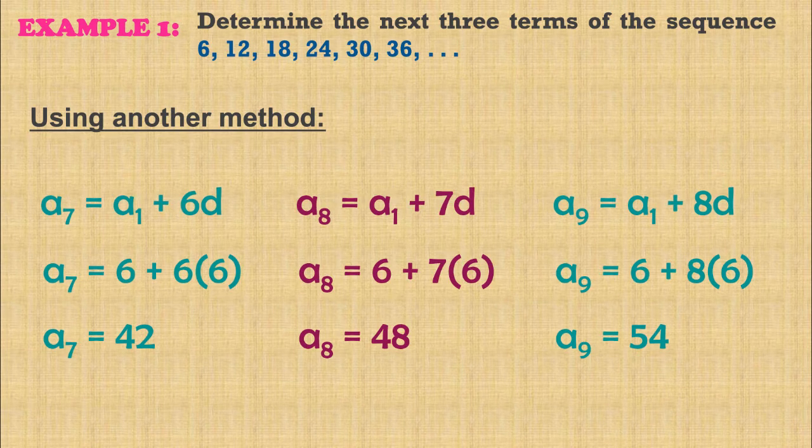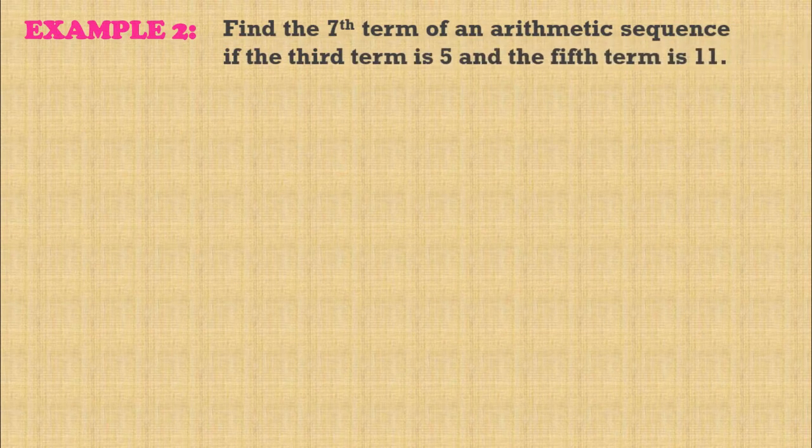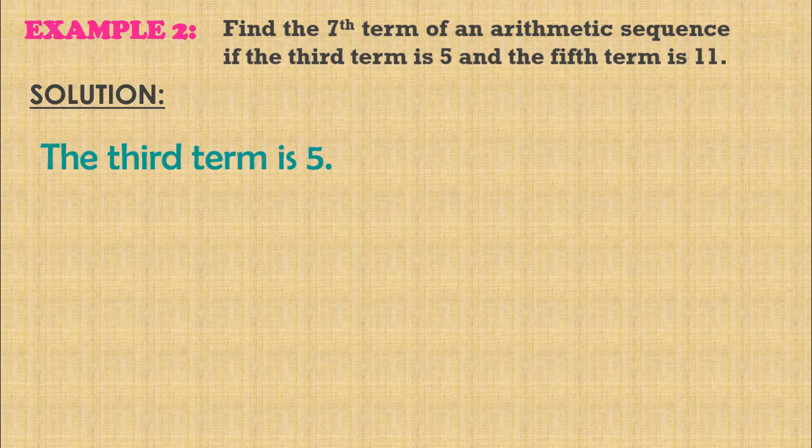Now let's have another example. Find the seventh term of an arithmetic sequence if the third term is 5 and the fifth term is 11. So here, we're given that the third term is 5.